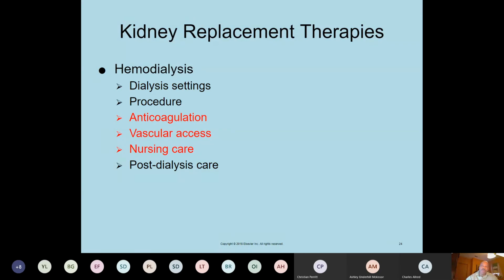So you can continue to insert the needle into the AV fistula, because now the skin is tougher and the blood vessels are much tougher because of all that high pressure. All right.